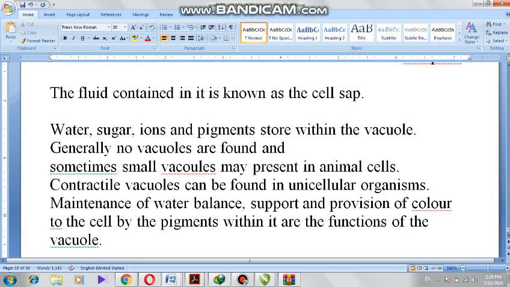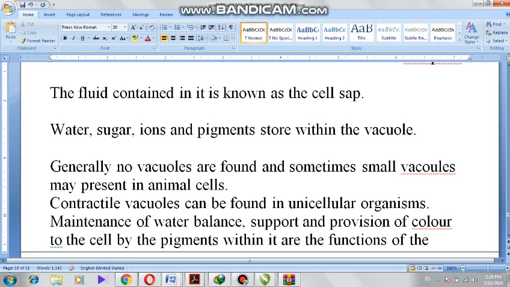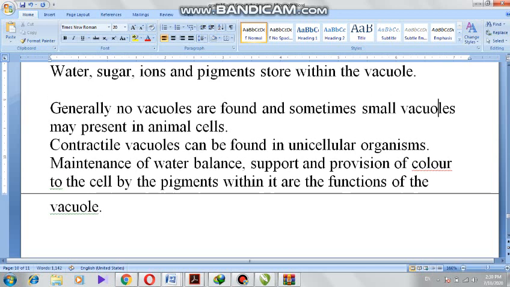Okay. In the animal cells, we generally don't find vacuoles, but some animal cells can have small size vacuoles. Your textbook has a wrong spelling there. Small size vacuoles can be there.